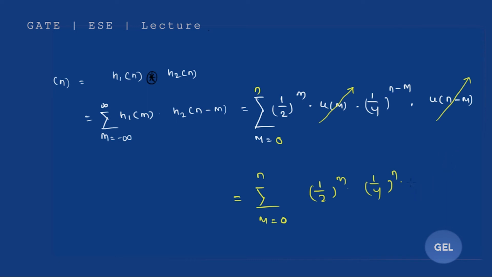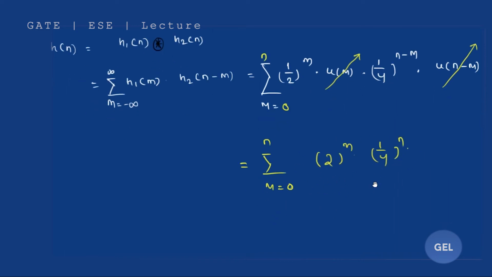Will that be any problem? No. Now 4 to the power m, you can put this entire term over here, so this can be written as (4/2) to the power m, which is nothing but 2 to the power m. So this came out to be (1/4) to the power n into the sum of 2 to the power m.